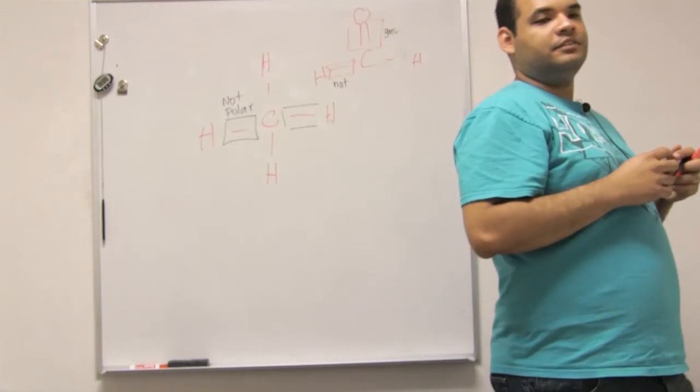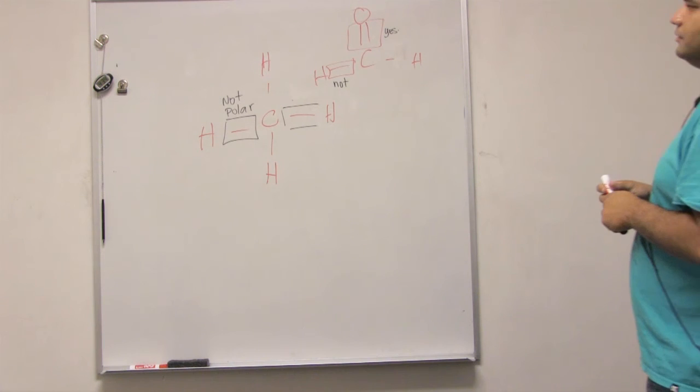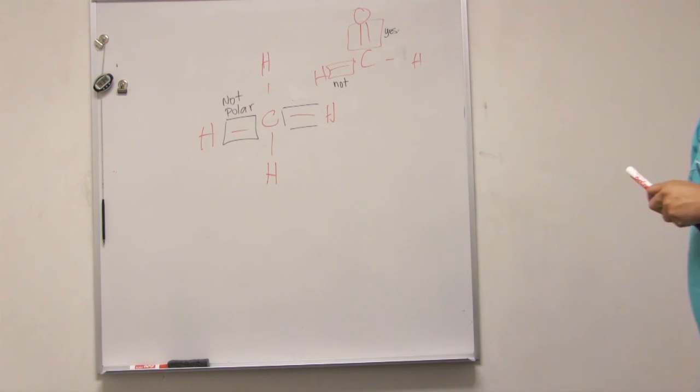Therefore it's polar. What type of interaction? If it's polar, then it's dipole. Dipole. I have to envision that chart. So it's dipole. Okay. But that also means that it's dispersion. Dispersion. Okay.